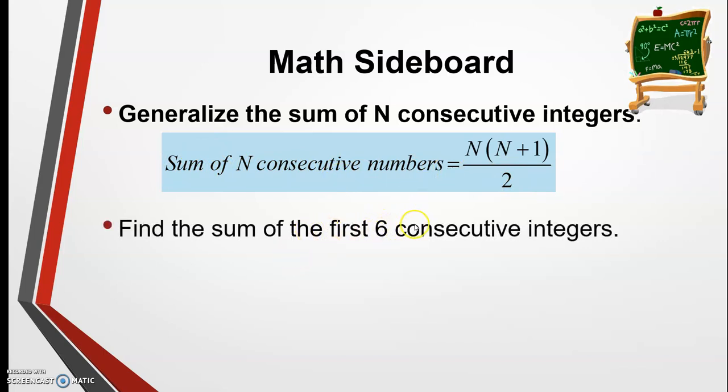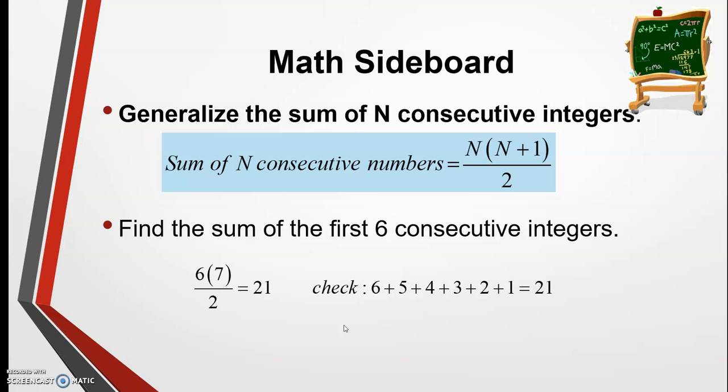So let's find the sum of the first 6 consecutive integers. So if we use our formula, that would be 6 times 6 plus 1, or 7, divided by 2. 6 times 7 is 42, divided by 2 is 21. And if we were to check that, 6 plus 5 plus 4 plus 3 plus 2 plus 1 is in fact 21.